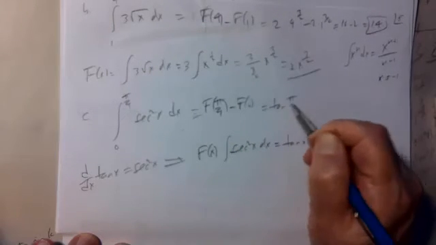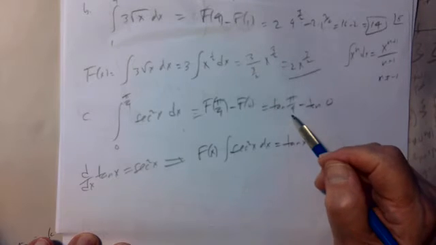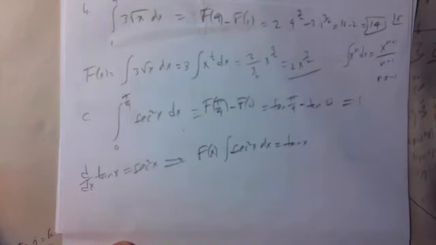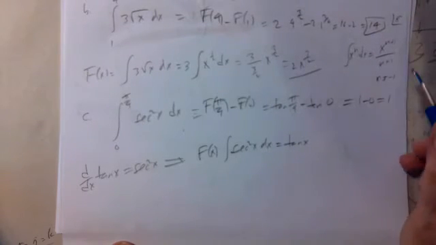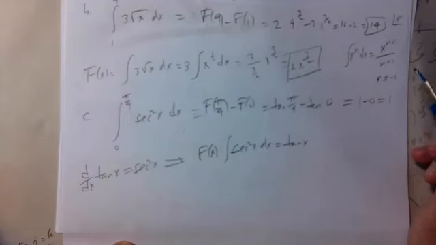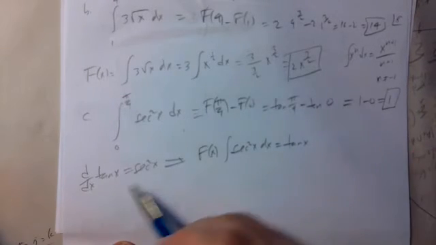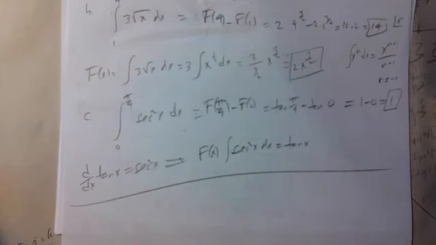That's the tangent of pi over 4 minus the tangent of 0. And again, you also have to know trig. Tangent of pi over 4 is 1. Tangent of 0 is 0, and 1 minus 0 is 1. All right. So this is a basic calculation that you have to know in Math 175.